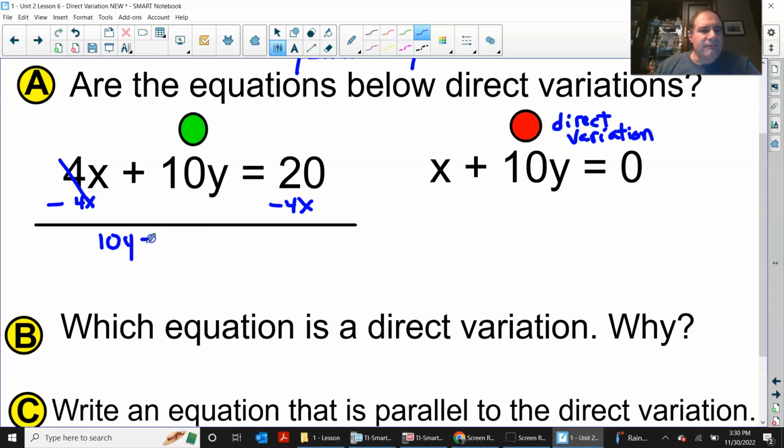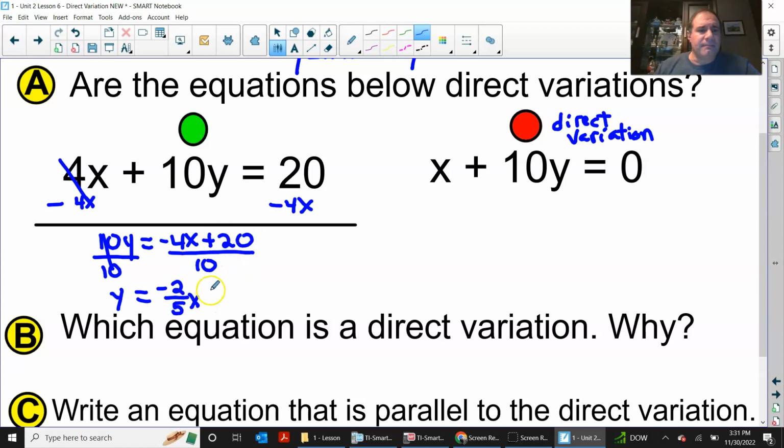So we're going to have 10y and negative 4x and a plus 20. Then to get y alone, we have to divide by whatever is next to the y, because this is multiplication, 10 times y. So you have to do the opposite of multiplication, which is division. Negative 4 over 10 is negative 2 over 5 when you reduce it.